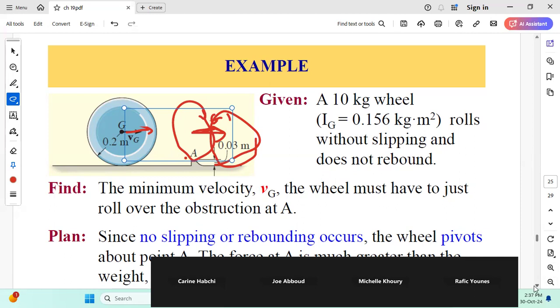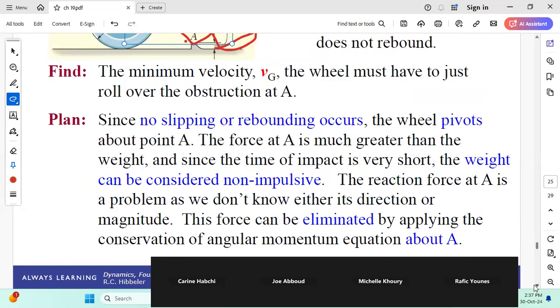Since no slipping or rebounding occurs, the wheel pivots about point A. The force at A is much greater than the weight, and since the time of impact is very short, the weight can be considered non-impulsive. Whenever a problem gives you a collision and does not give you the time, as here with the collision at A, the disk rotates about A before moving back to the ground.